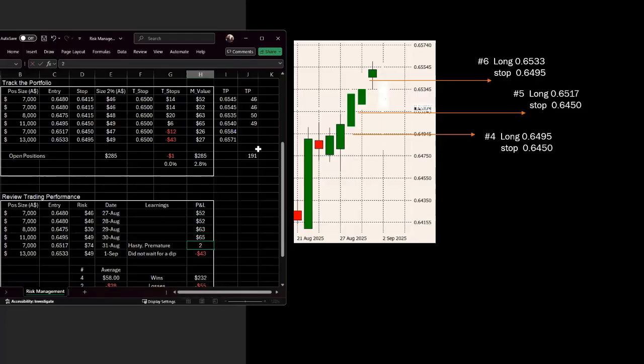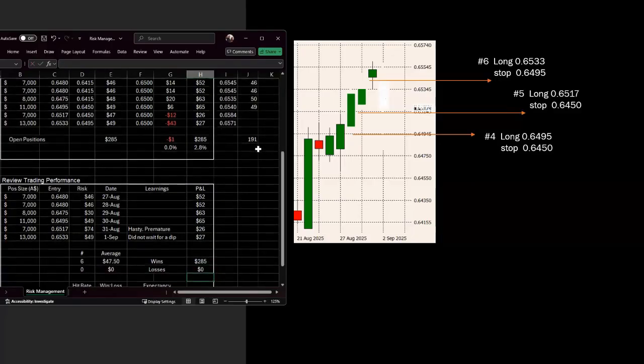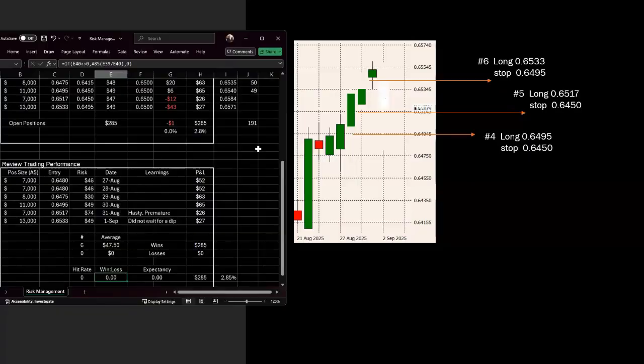And then you would have had 65, 26, and 27. Now that is a phenomenal return, right? Because you have all 6. You have a 100% hit rate. Your average is $47.50. So there is no question of a win-loss ratio. You have no losses. And that's a phenomenal 2.85% return on the account.